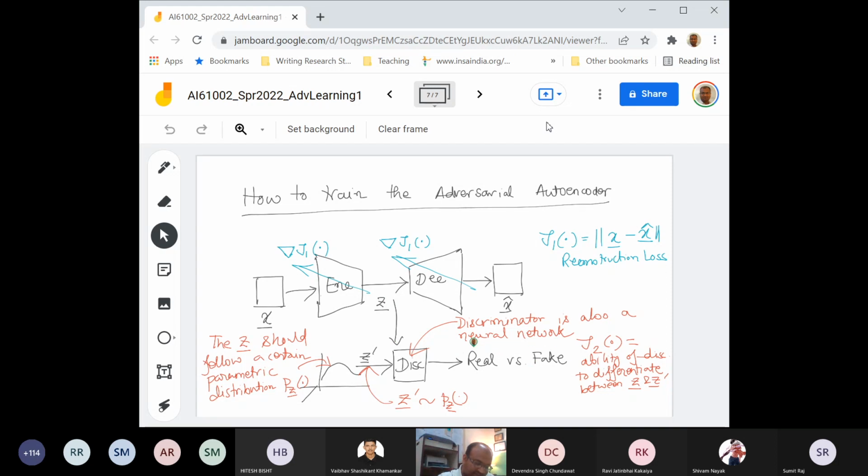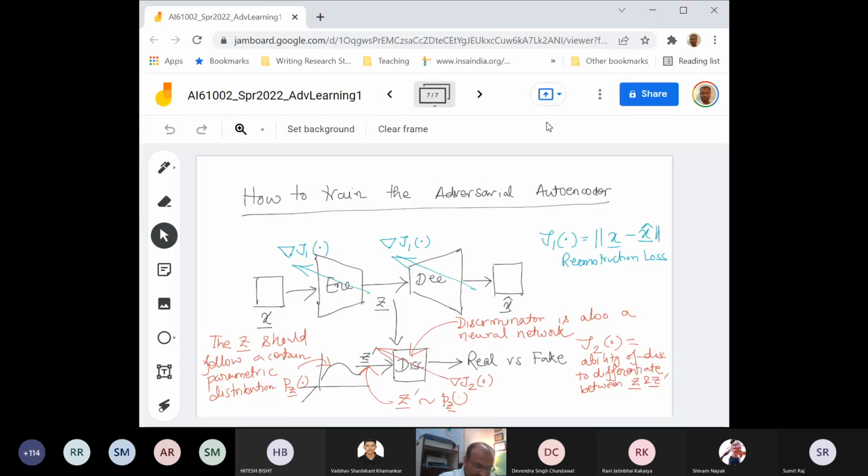Now the point is that initially this whole network does not know what this distribution is. So in general, these Z's will be very different from this Z prime. You can train your discriminator, which is also a neural network, to minimize the loss J2, because that is the only loss you get in your discriminator.